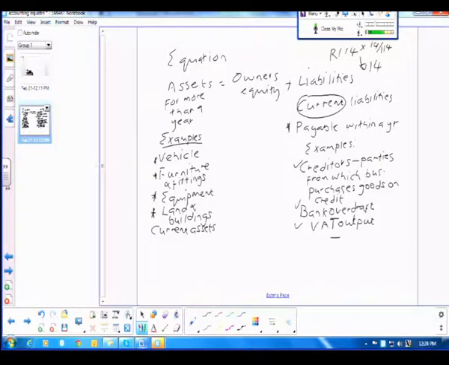So our current assets are similar to our current liabilities. These ones cannot last for more than a year. That's the difference. So we need examples of those.